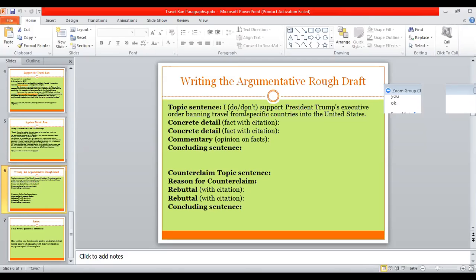So basically, for example, if the first paragraph was, say, they did support President Trump's ban, then that whole first paragraph would be about support for it. And then they went ahead and did the second paragraph entirely about arguing against it, which is partly right, because the counterclaim topic sentence should actually be what the argument is against whatever somebody said in the first paragraph.